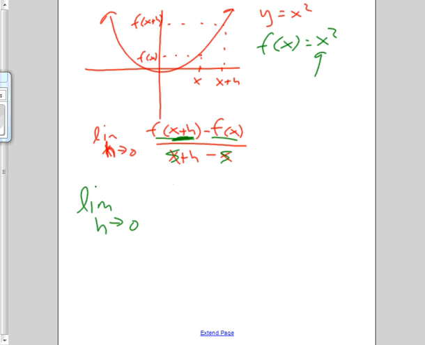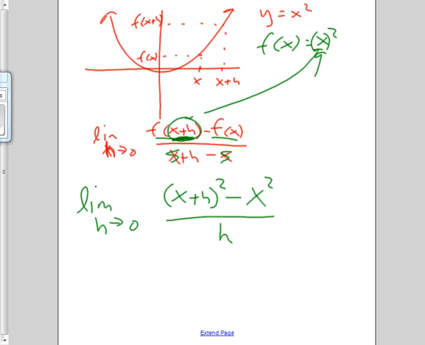So that's going to be x plus h squared. I just plug x plus h into x. And we get x squared, but instead of x squared, we have x plus h squared, minus f of x. Well, f of x is just x squared, all over h.